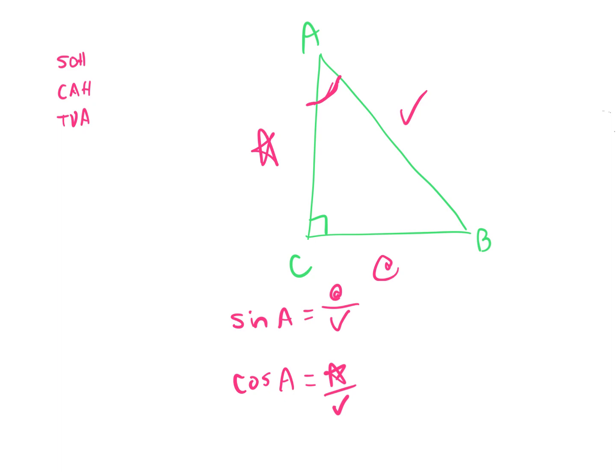Now, if we look in relation to angle B, let me change colors here. If I ask you for the sine of B and the cosine of B and what those ratios are.